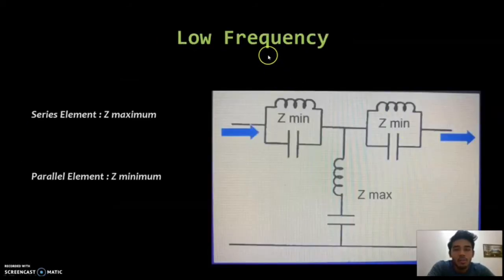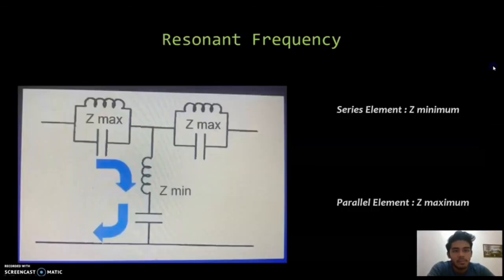We go low frequency first. As you can see, in series element Z maximum, parallel element Z minimum. The arrow goes through here, Z minimum, which is parallel. Here Z maximum is series element. That is low frequency.